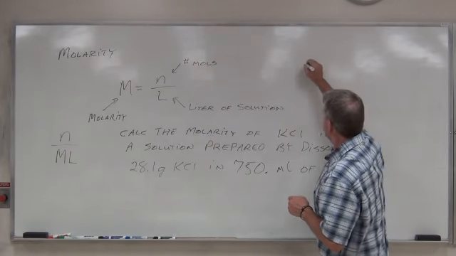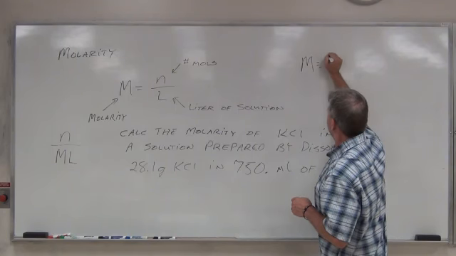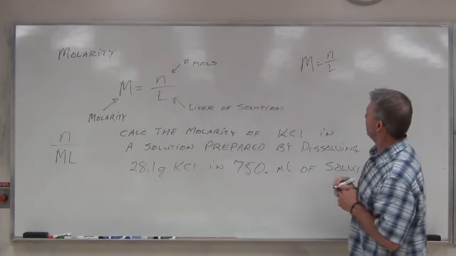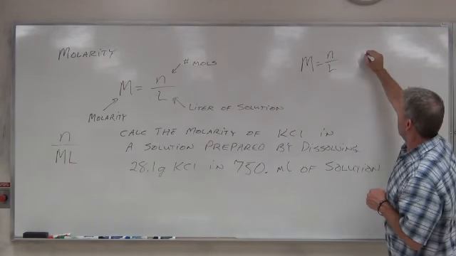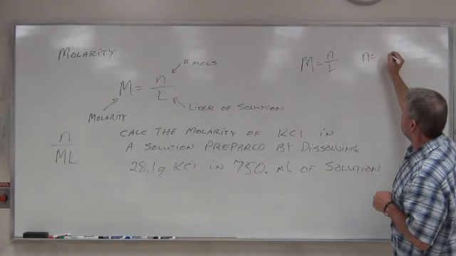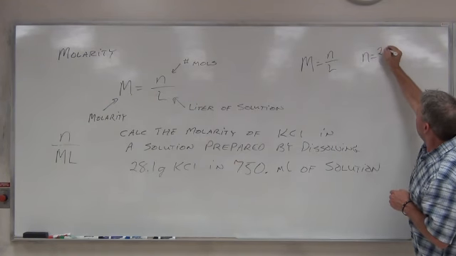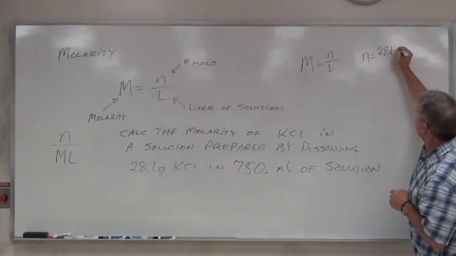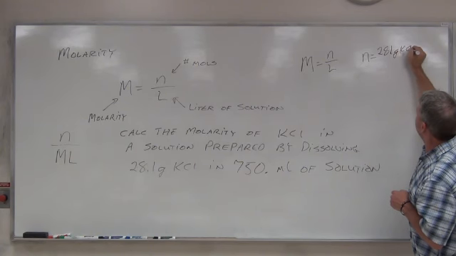I can understand that my molarity is equal to my number of moles per liter. And I can solve first for my number of moles. I have 28.1 grams of KCl.